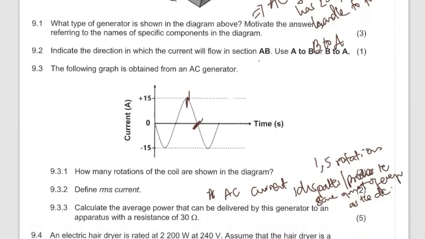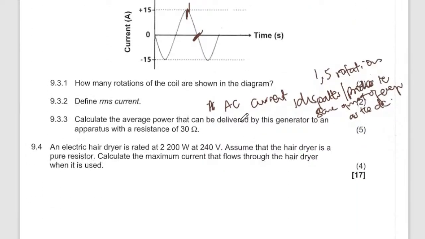Then calculate the average power. With average power, remember we need to know the maximum current. If we have I RMS, we get I max divided by the square root of 2.